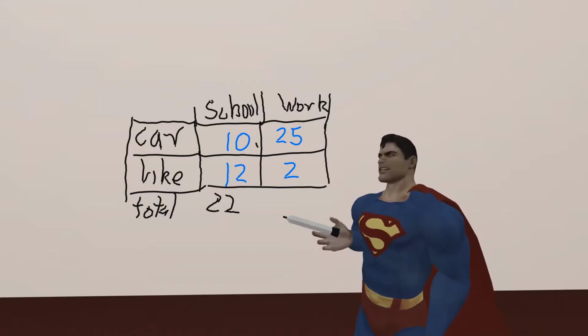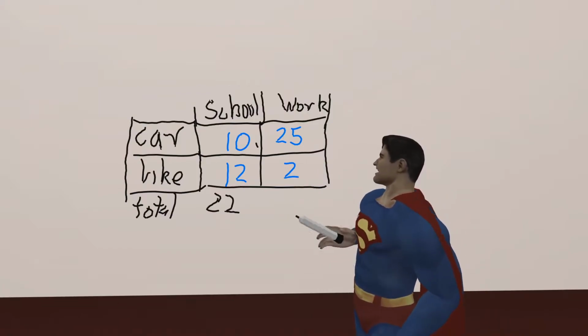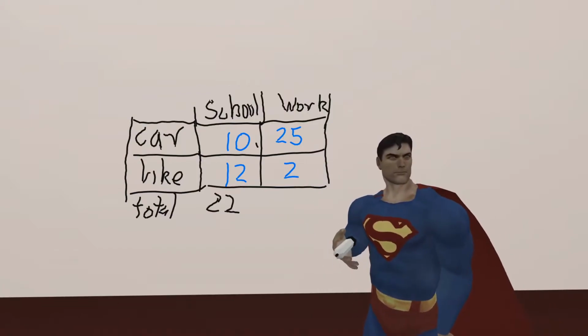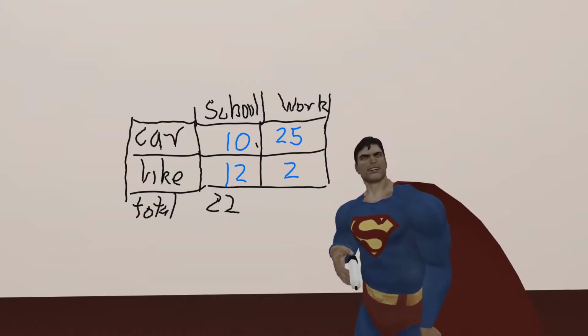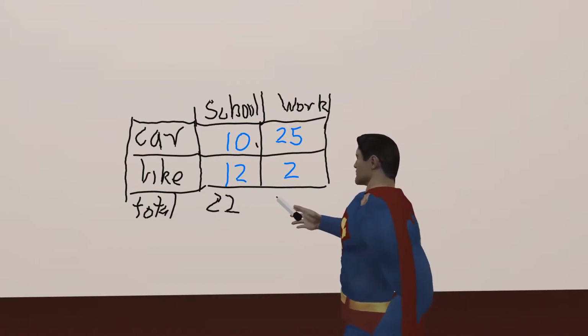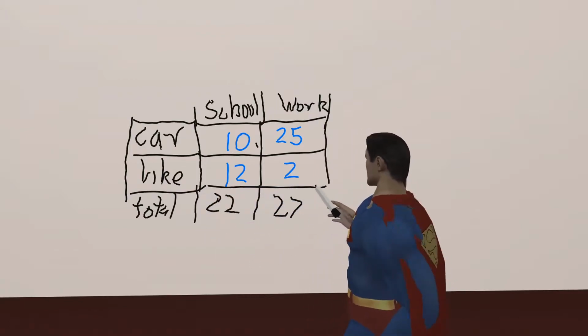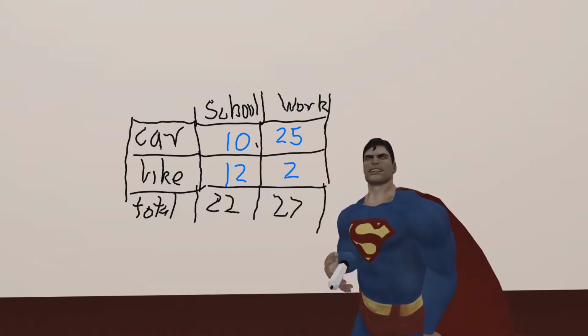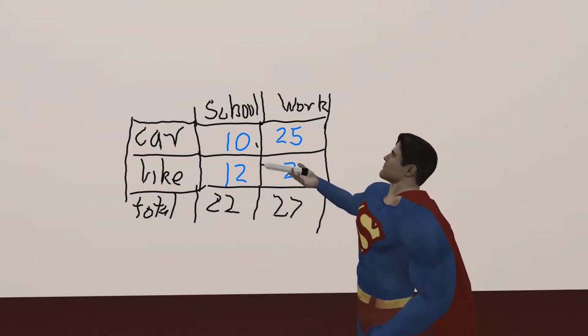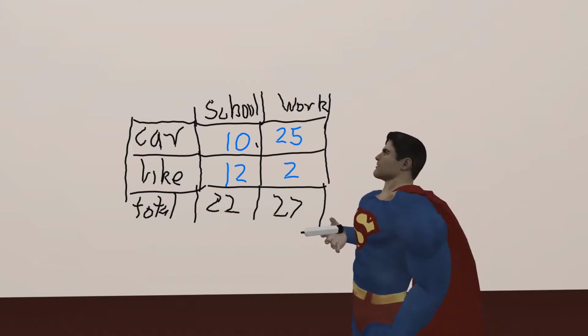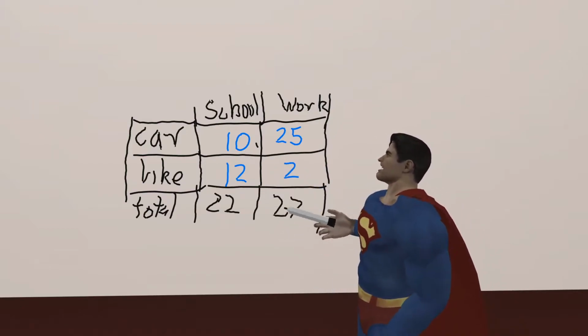Here I have 25 and 2, so I would have 27 people that go to work. So we've now added a total part to our school and work. So let's add a total part to our car and bike.